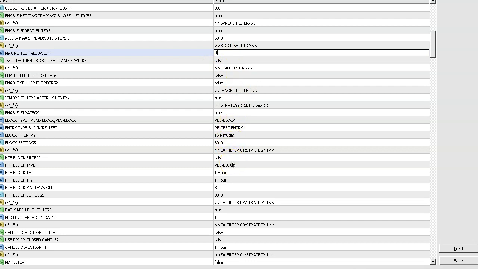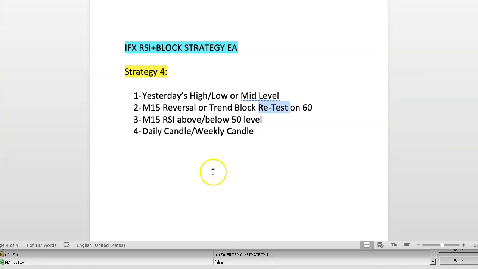And then you would choose the other criteria based on what you want, again, the RSI trend either above on the M15, or you can choose a higher time frame. If you want to go along with the daily candle or weekly candle, it's up to you. But this is it. So if you have any questions, please let me know.